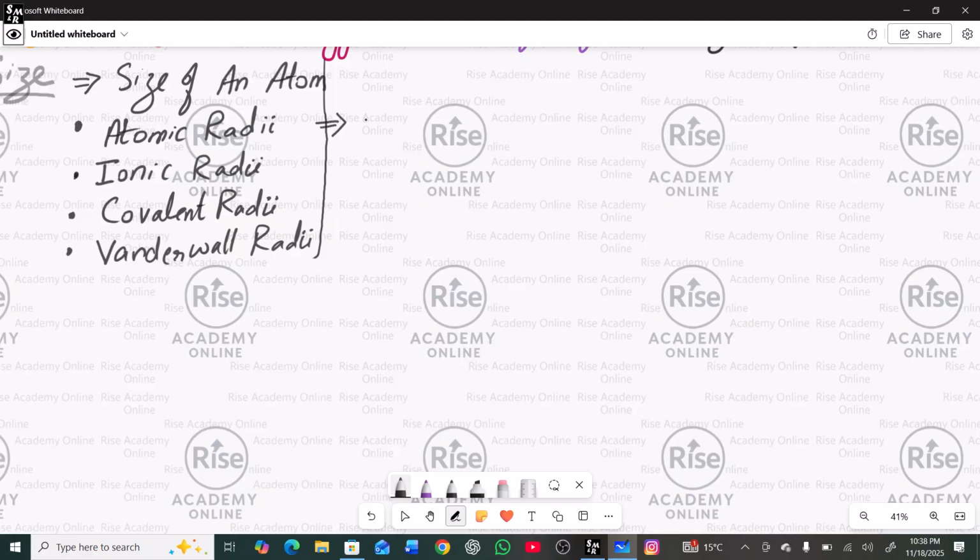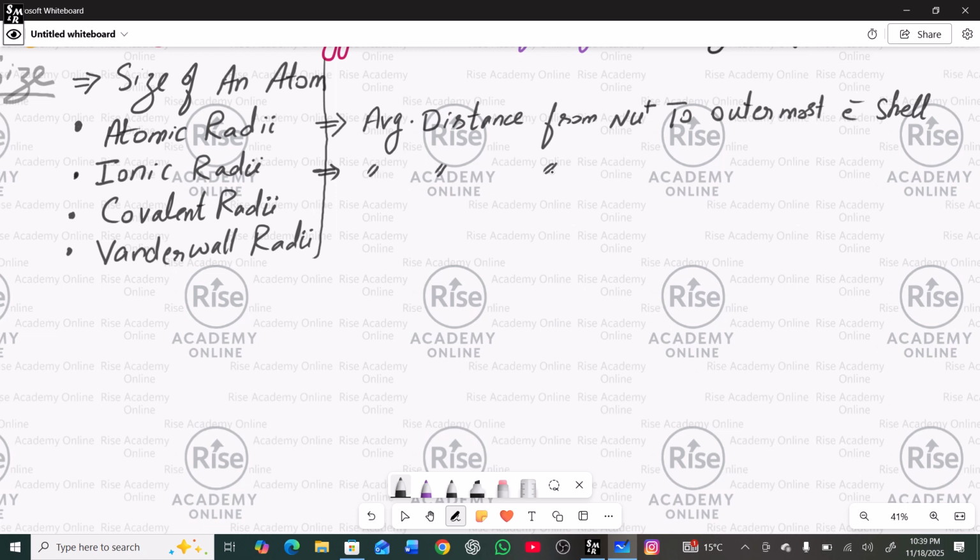It may also be defined as the average distance from the nucleus to the outermost electronic shell. The same wording can be applied for ionic radii. It is the average distance from the nucleus to the outermost electronic shell.